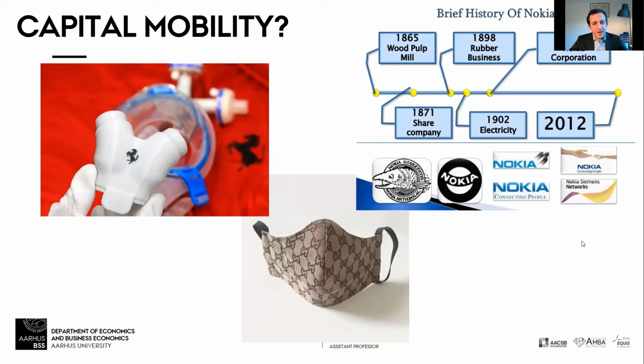So for instance, Ferrari moved from the car industry to the production of valves for the ventilators, right? And Gucci started producing also masks, right? So you can see here, clearly Italy was dealing with COVID with a lot of style.